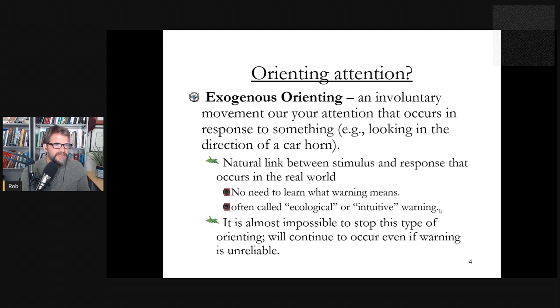You know it means I need to turn back in. So there's a natural link between the warning and the event, such that you don't need a lot of interpretation or memory. You don't need to remember that two beeps mean collision, three mean I'm going out of my lane. You know automatically. These are good because they're really fast, and the driver can't really step in and stop them, because they're kind of automatic.